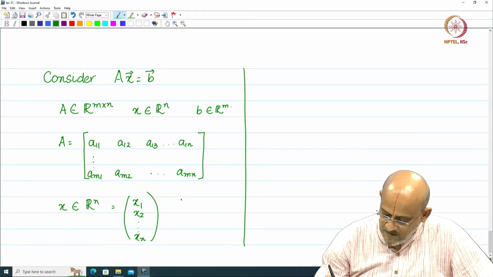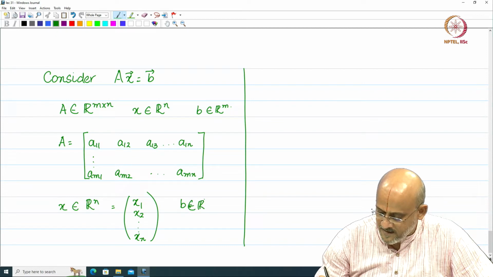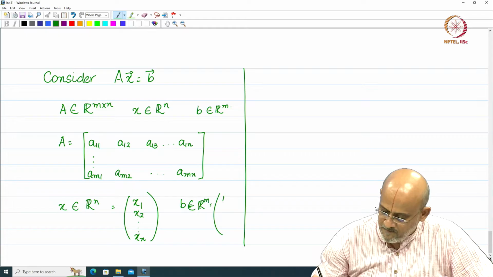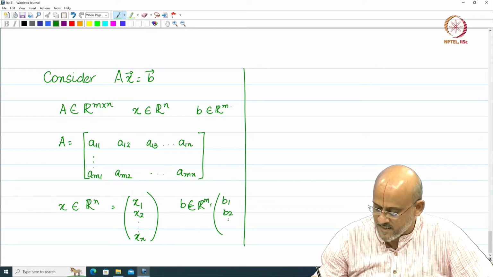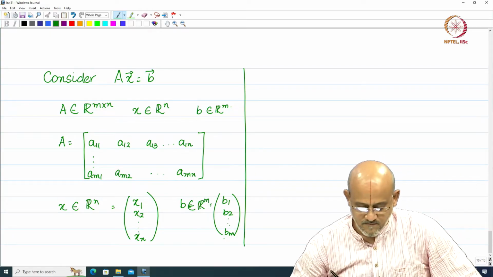And B is going to be an element of Rm, of the form B1, B2, etc., Bm. This is what we have.